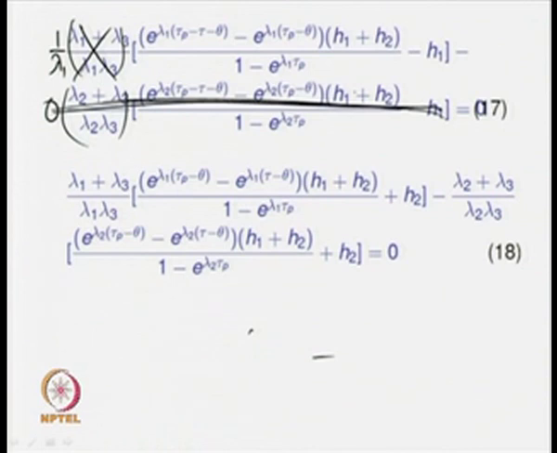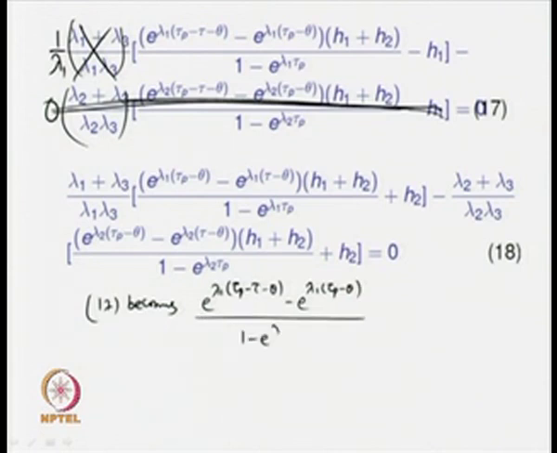So 17 becomes e to the power lambda 1 tau p minus tau minus theta, minus e to the power lambda 1 tau p minus theta, divided by 1 minus e to the power lambda 1 tau p, times h 1 plus h 2, is equal to h 1.